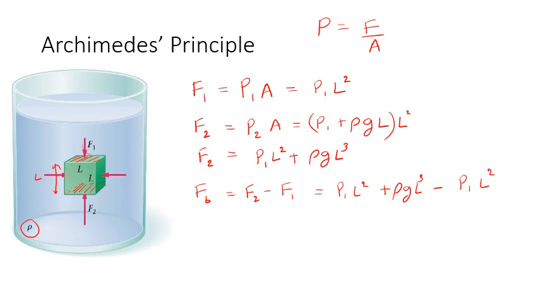You can see this term and this term cancel out, and finally you get an expression for the buoyancy force: FB equals rho G L cubed. Here rho is the density of the liquid, G is the gravitational acceleration constant, and L cubed is the volume of this cube.